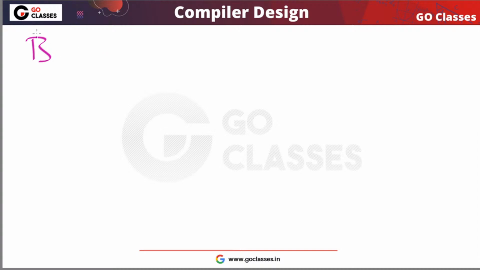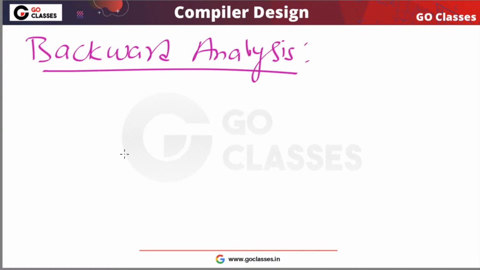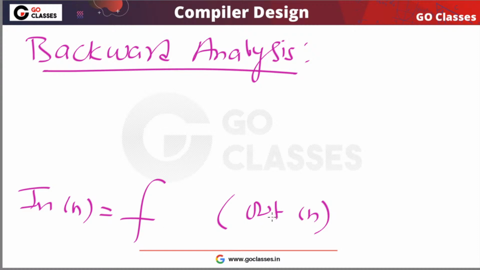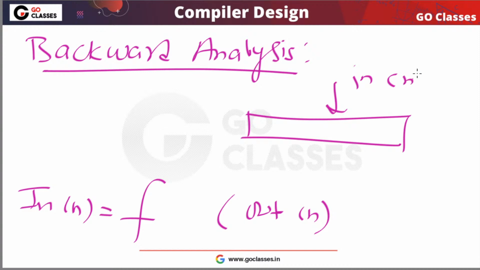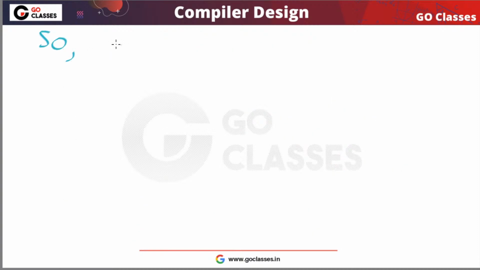If anyone asks you the definition of backward analysis, in backward analysis you write in of n as a function of out of n. This is your statement n, this is in of n, and this is out of n. So here you can notice fn. That is the reason liveness analysis is backward analysis.